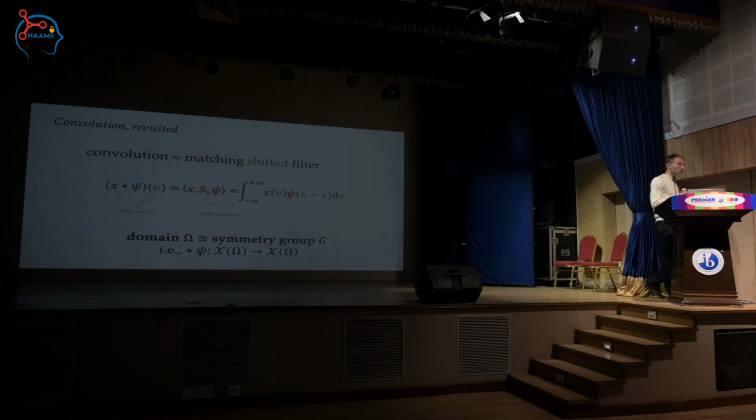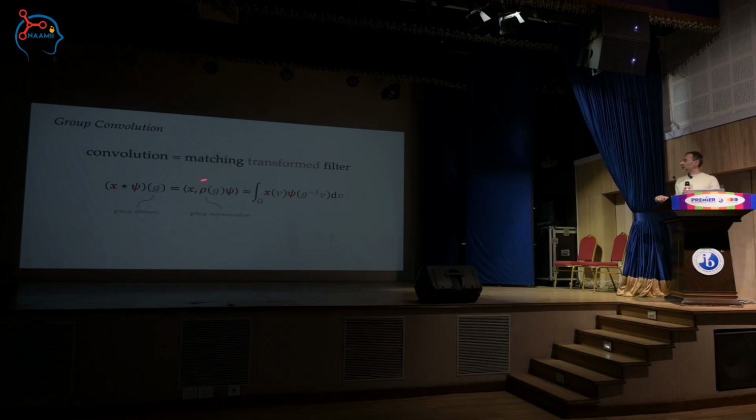We are lucky that the domain is exactly identical to the symmetry group, right? So we can write the convolution as an operation from the grid to the grid. But this is in general not the case, right? The structure of the group might be very different from the structure of the domain. So in general, we think of convolution as a matching of the transformed filter.